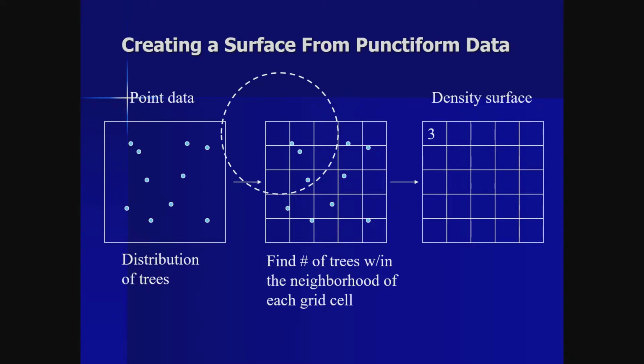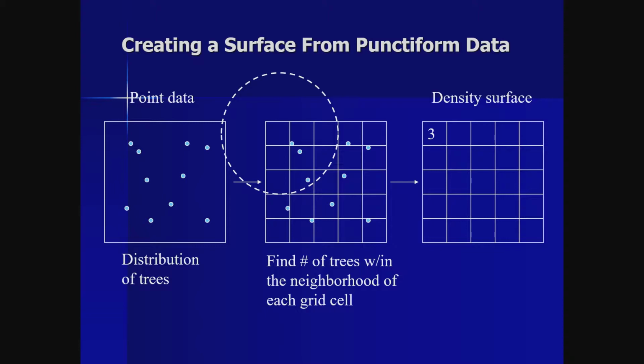Now, if we make our circle larger, then we're going to get different values in the density surface. In fact, as your circle becomes larger and larger, in other words, as your kernel, to use that same term, gets larger and larger, the density surface is going to get more and more smooth.